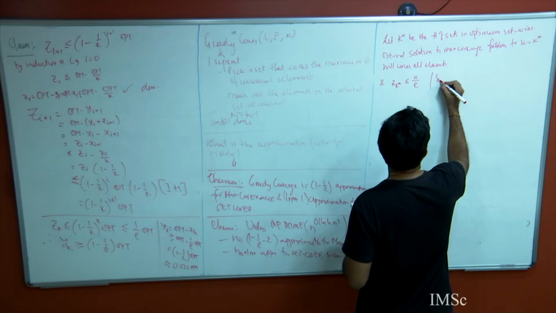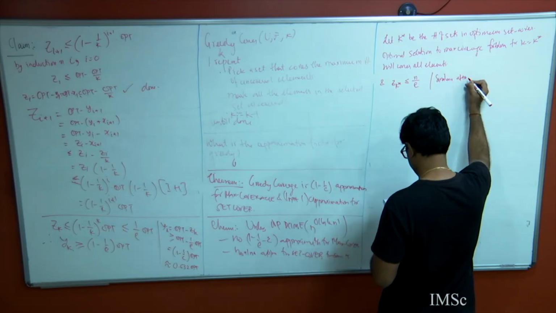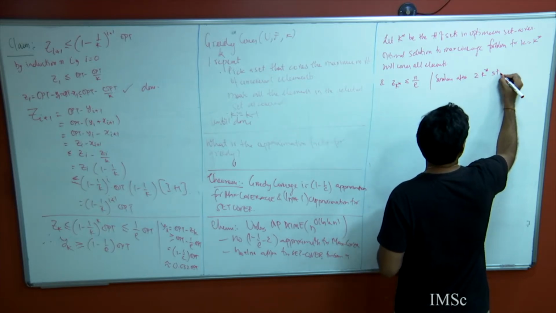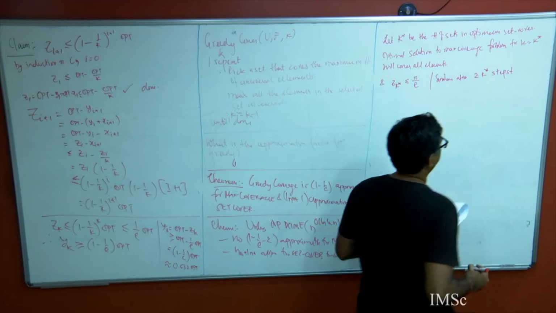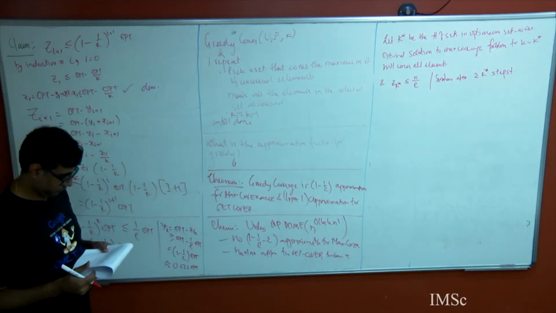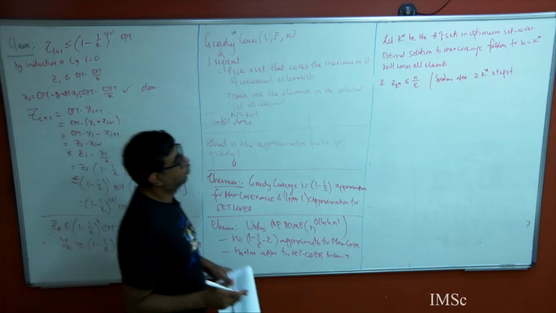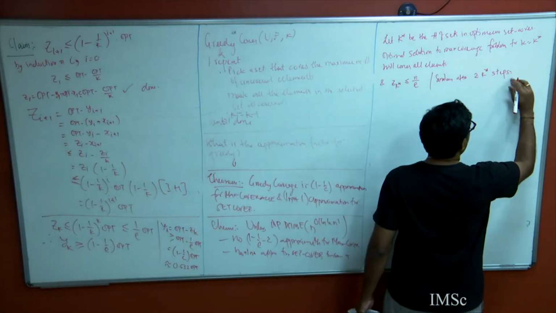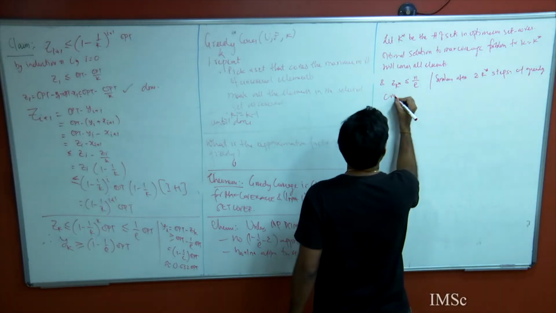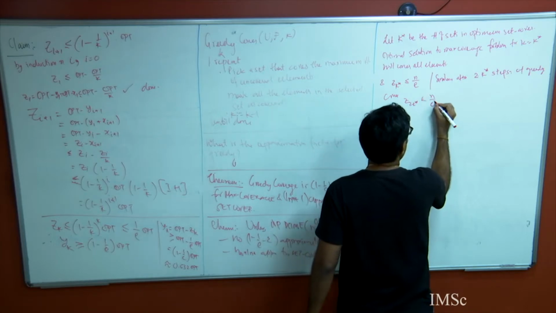So similarly, after 2 times K star steps of greedy cover, z 2K star is less than n over e squared.